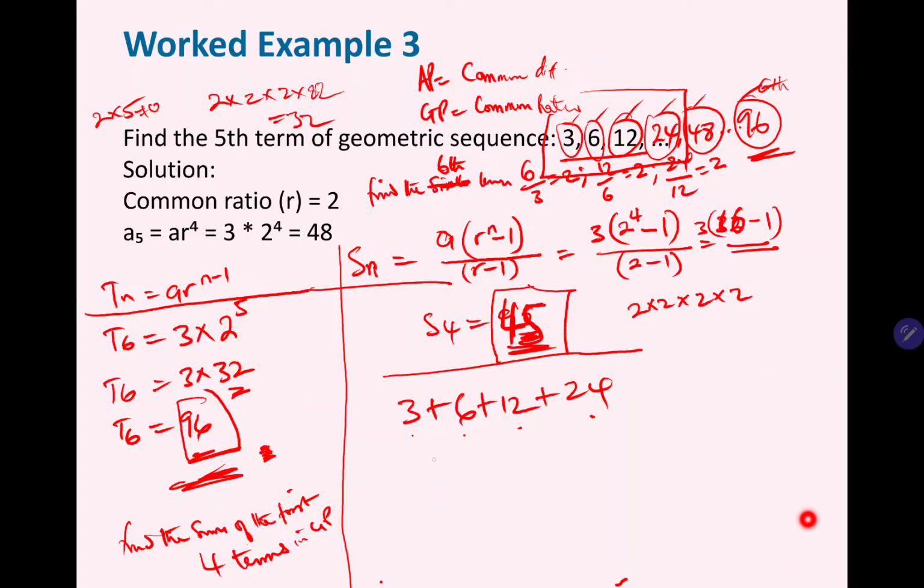So we add 3 plus 6 is 9. 9 plus 12 is 21. 21 plus 24 is 45. So there you are. That's the manual application of it.